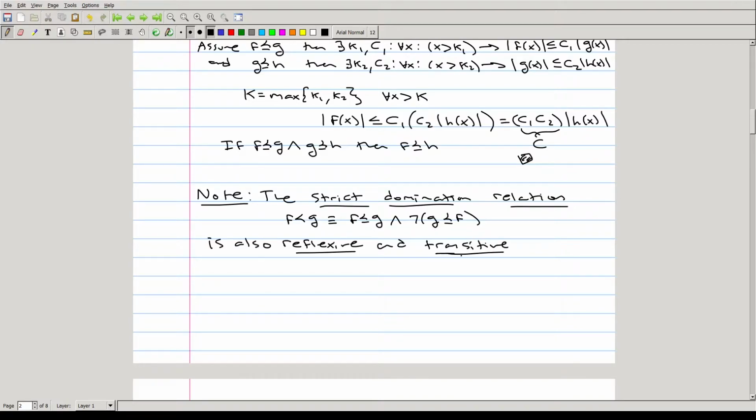And this is a relatively straightforward extension of the proof that I just did.